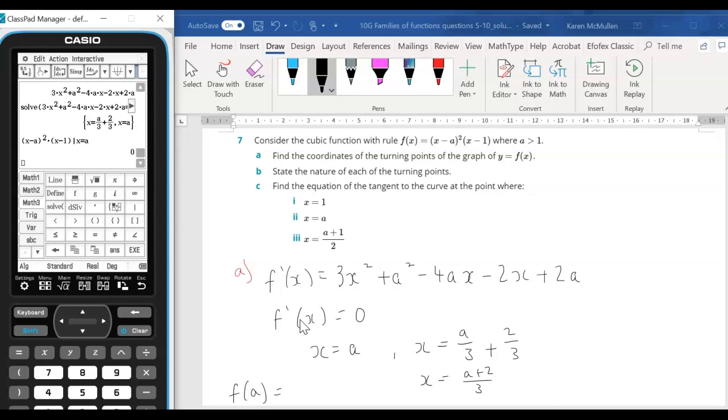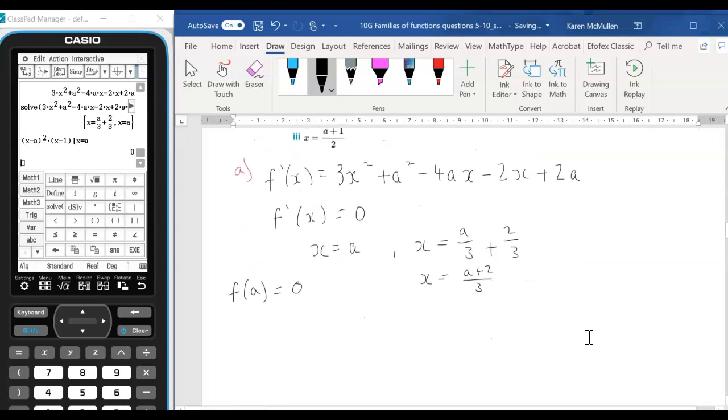All right, so we get 0. And then let's do f of a plus 2 on 3. So I'm going to just highlight that. Now, if you don't want to highlight, your copy button's just there down the bottom, and then you can paste.